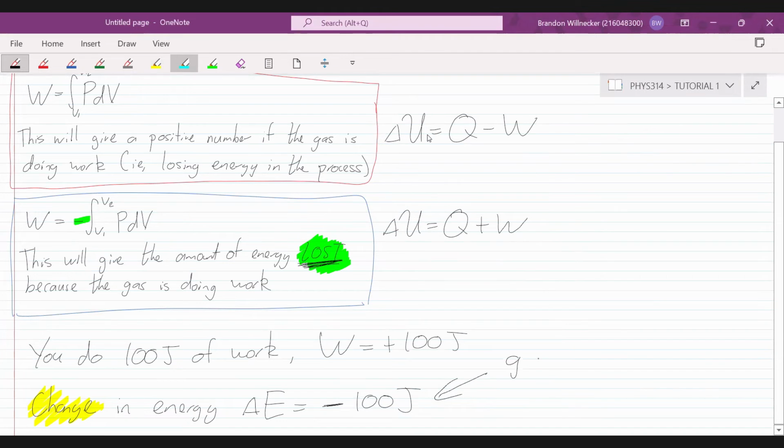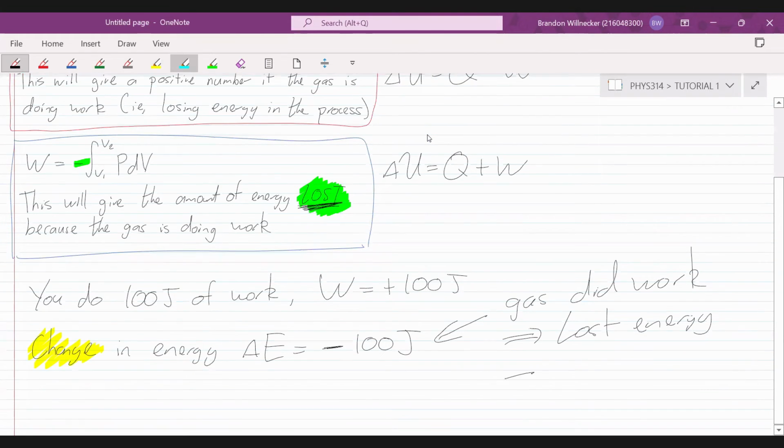So the gas did work, lost energy, total energy then goes down. Okay, any other questions on this?